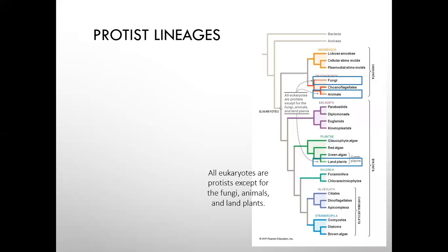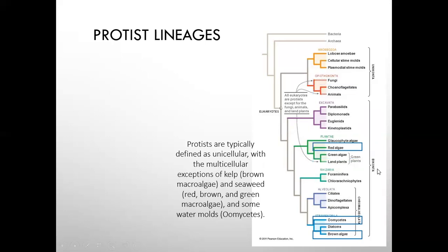If we look at the lineages of protists, the first thing to note is that all eukaryotes are protists except for fungi, animals, and plants. Protists are typically unicellular, but as with biology, there are always exceptions.